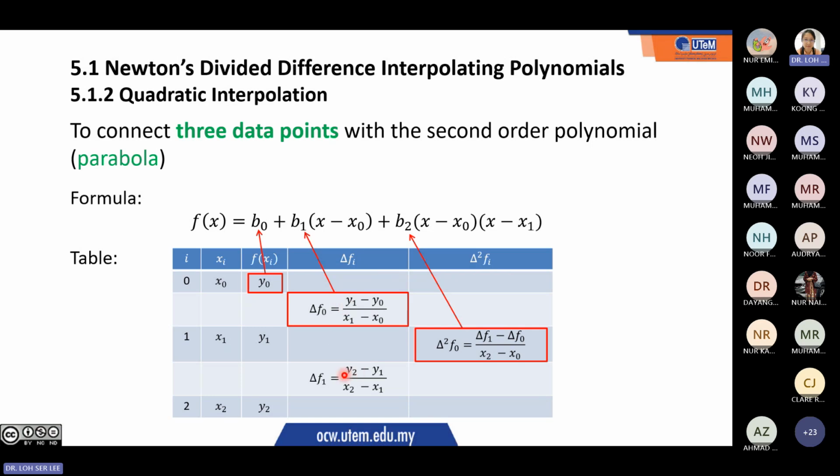For this one, use the later minus the previous divided by x2 minus x1. And the last one, you use this value minus this value divided by, you trace all the way back to y and you get x2 here. And here you trace all the way up to y, and you get x0 here.